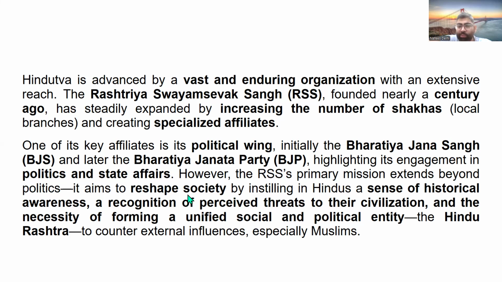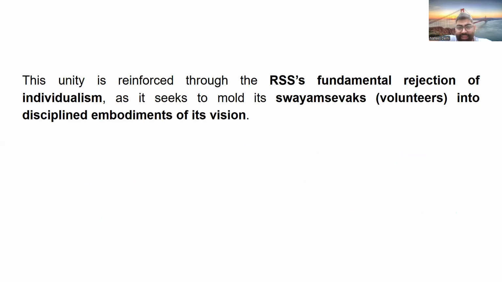It aims to reshape Indian society by instilling in Hindus a sense of historical awareness, a recognition of perceived threats to their civilization, and the necessity of forming a unified social and political entity called the Hindu Rashtra to counter external influences, especially Muslims.